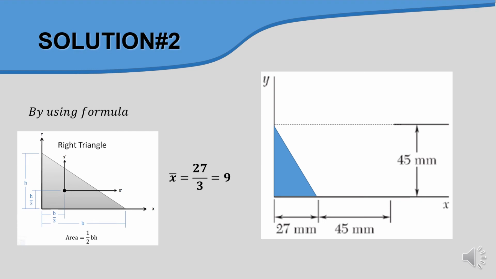We just divide the value of the x and y axis by 3. Finally we have x bar equal to 27 divided by 3, which is 9, and y bar we have 15. So the centroid coordinate is 9, 15. It also applies to all those common shapes, where we can use the formula to tackle the problem.